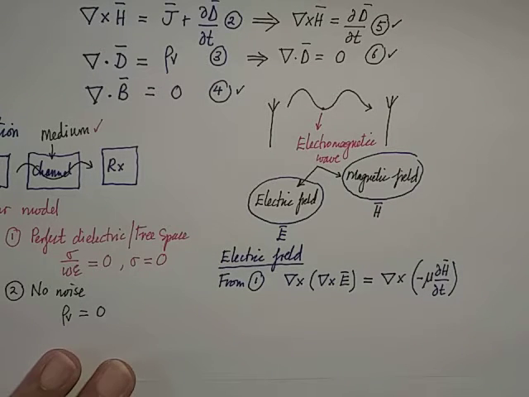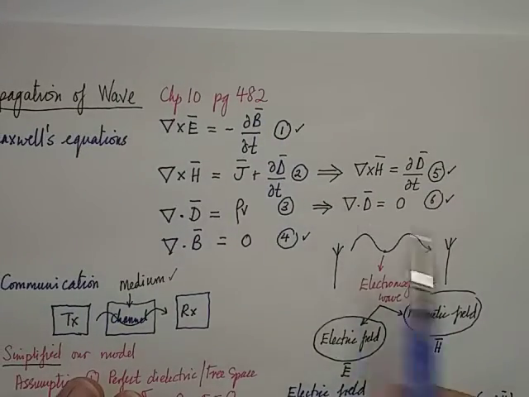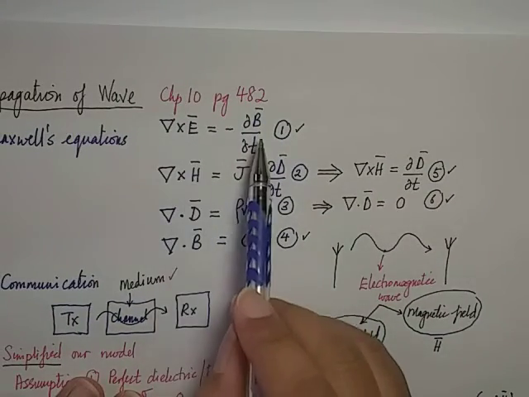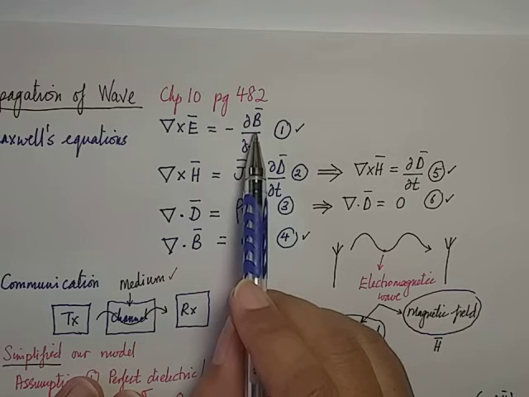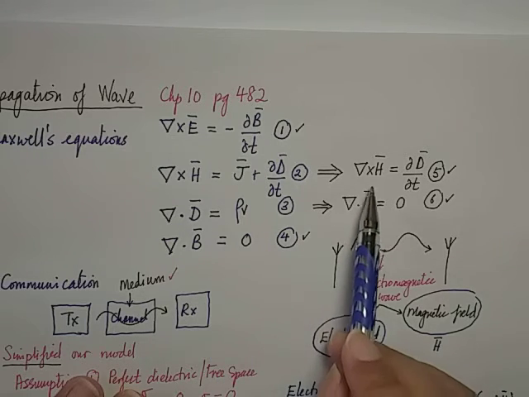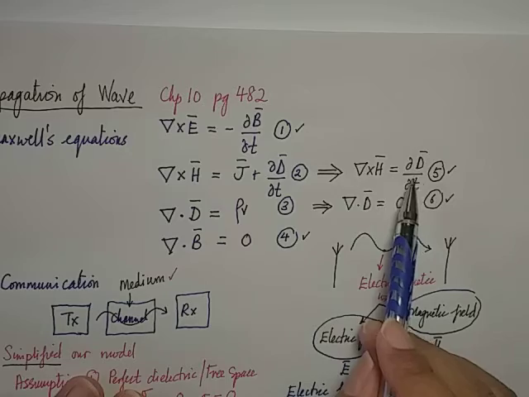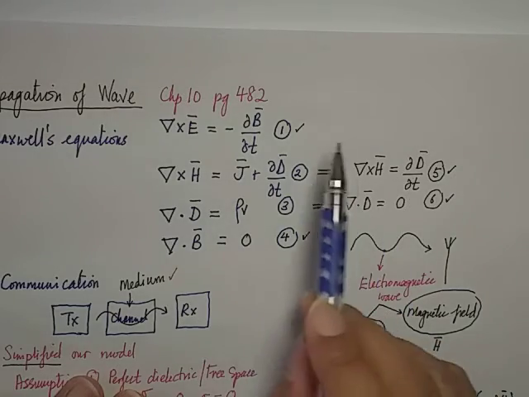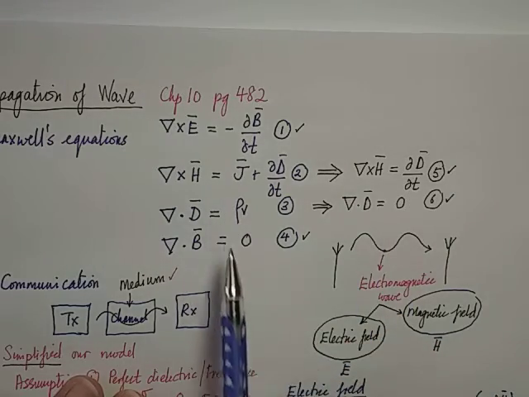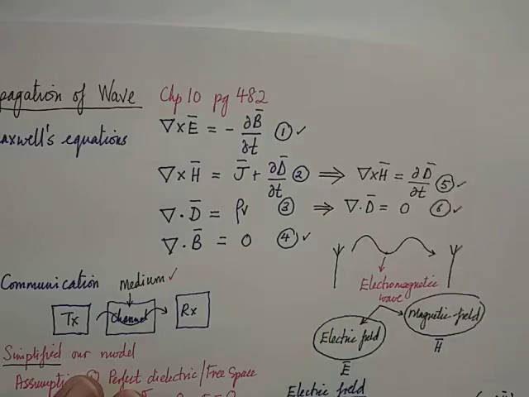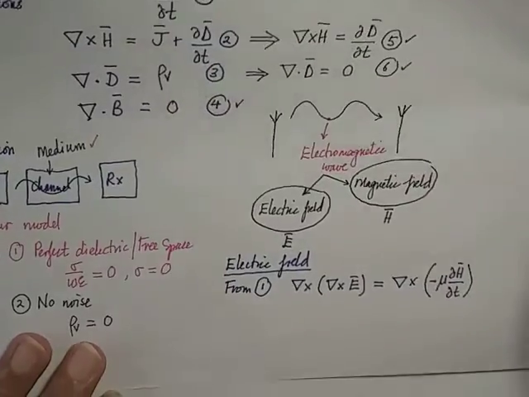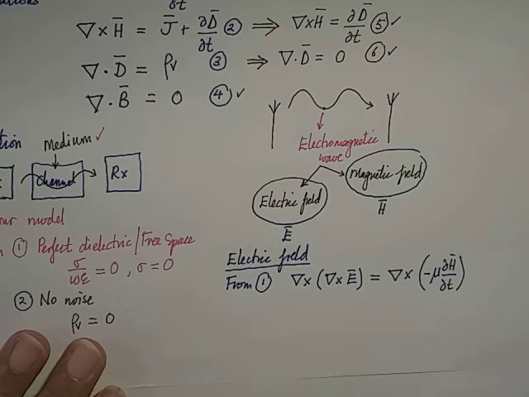Why are we going to have an equation only containing electric field? As we can see from equation number 1, it contains electric field and magnetic field, whereas equation number 5 contains magnetic field and electric field. We don't have any equation that only involves one field, which is electric field. So that's why we have to manipulate. How do we manipulate it? By doing this mathematics.